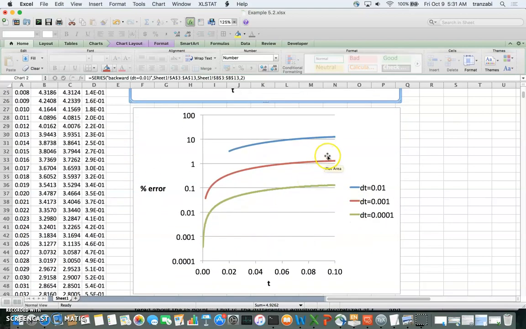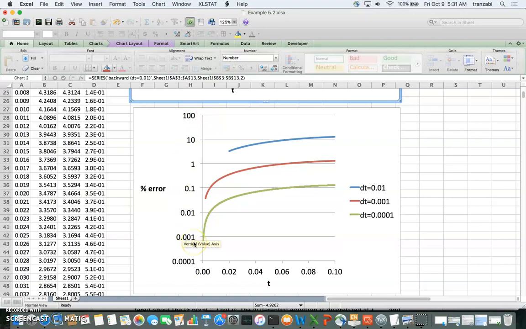And you see that, again, this is the error for dt equal 0.01, this is 0.001, and this is the error for 0.0001. And you see that every time we divide delta t by a factor of 10, the error goes down also by a factor of 10, right? So this red line is 10 times smaller than the blue, and then the green is 10 times smaller than the red. By the way, this is logarithmic scale, so you can easily see that it goes down by a factor of 10.